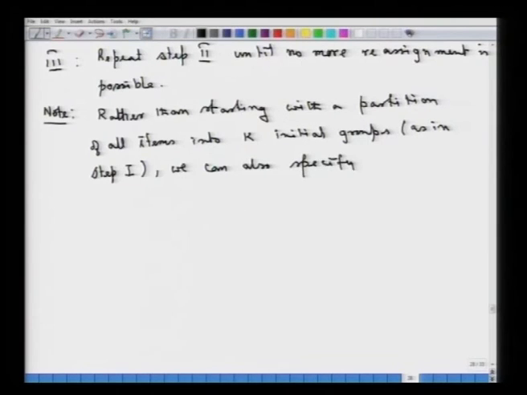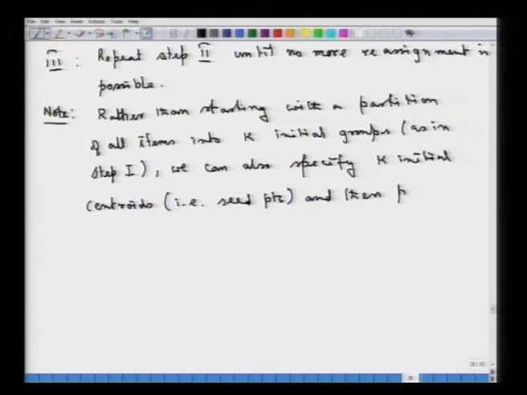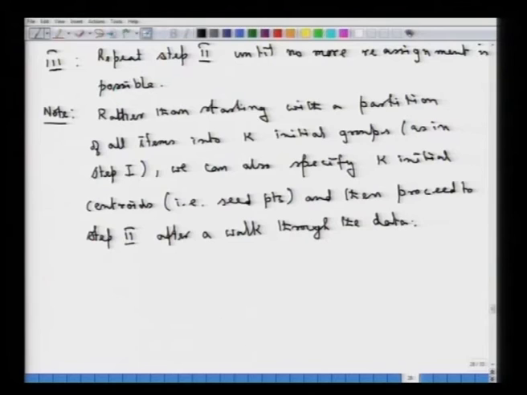We can specify k initial centroids straight away, which are going to act as the seed points, and then proceed to step 2 of the previous algorithm, step 2, after a walk through the data. Right. Why do we do that?